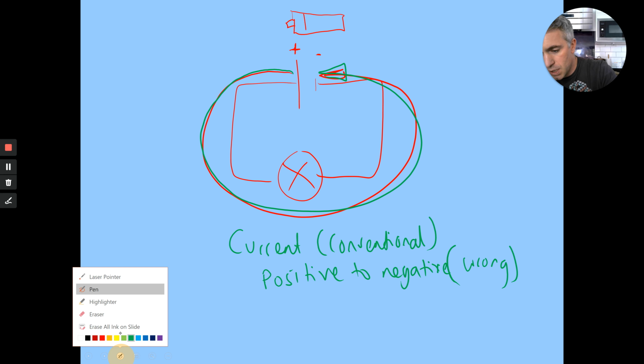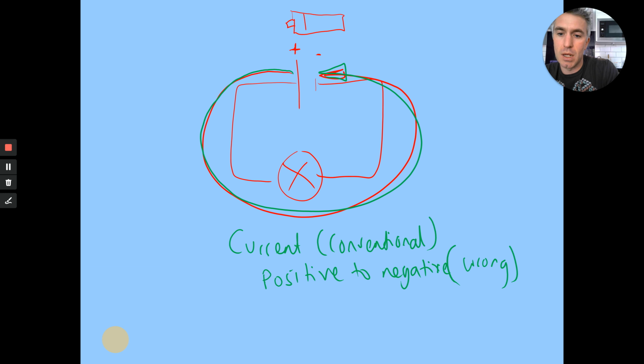What colour should we do for this? Yeah, yellow should work. This is charge or electron flow, and that one goes from negative to positive.